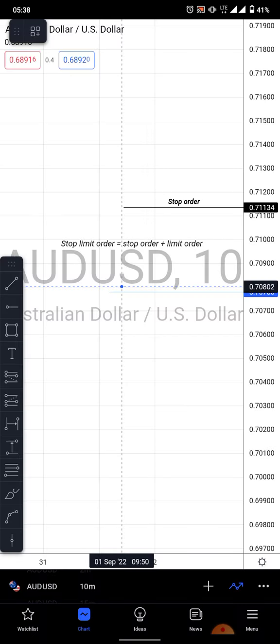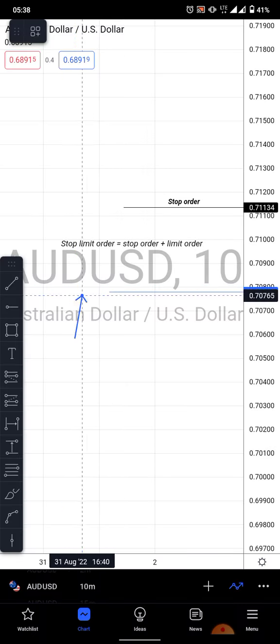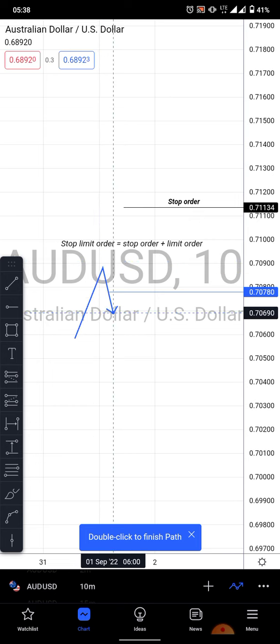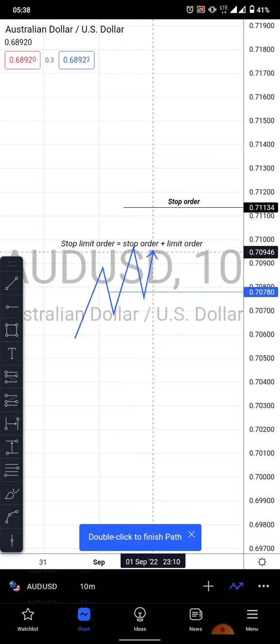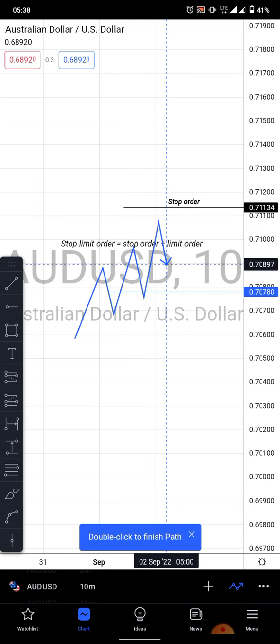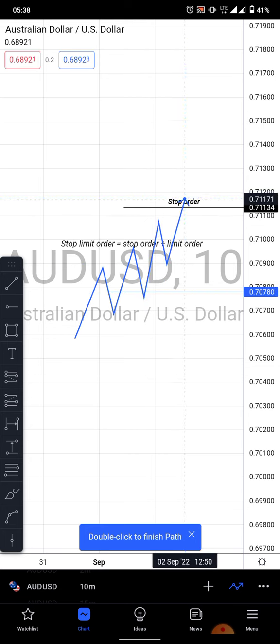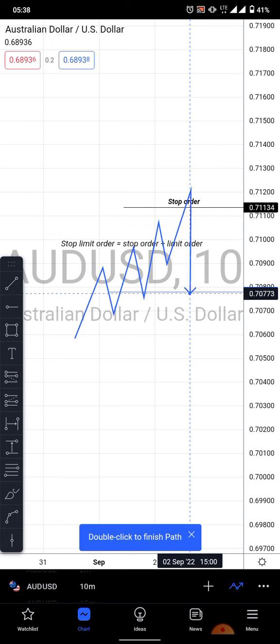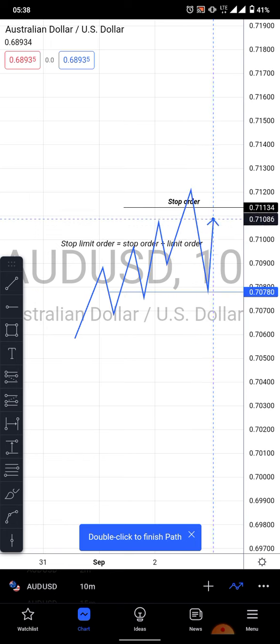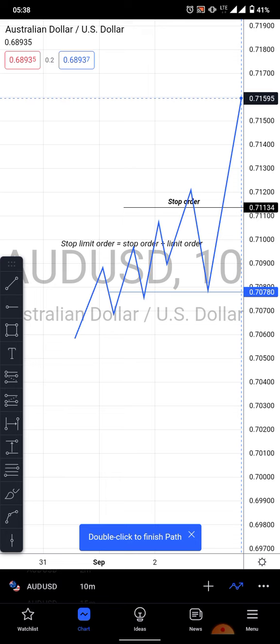Okay, so you have a conviction that price will do something like this: go, come back, go, come back, go, come back, and go. Maybe you are convinced that when it goes, it comes back down here before finally shooting up.